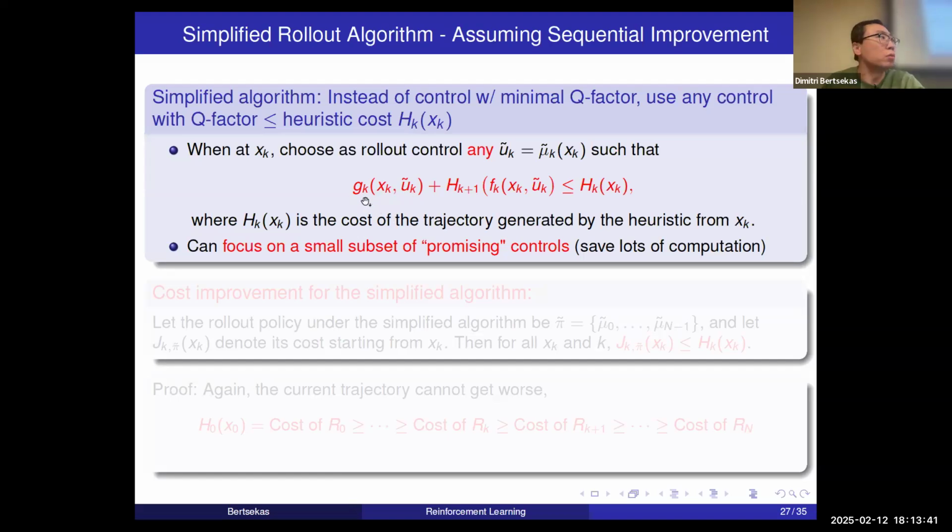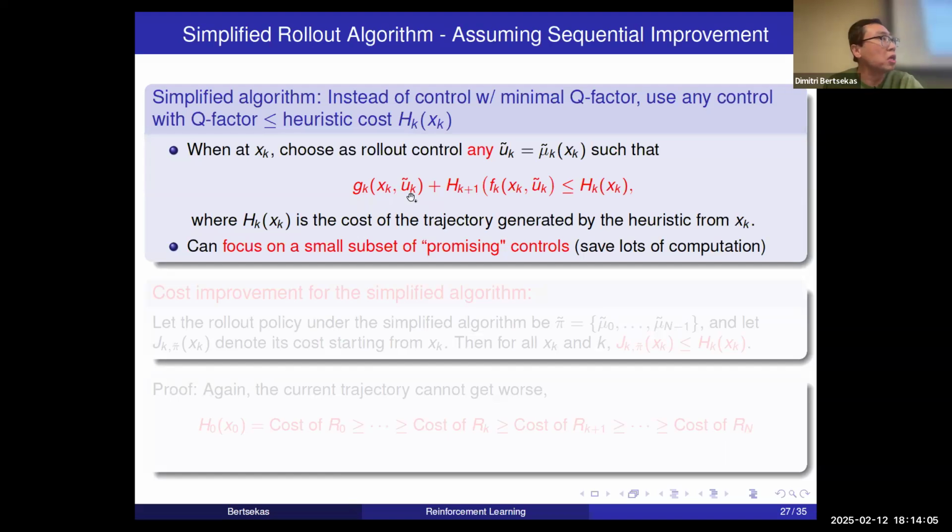Now, remember that in the linear quadratic problem we discussed earlier, this minimization with respect to the Q factor can be done exactly according to an analytical formula, right? But in the case where the control is discrete, how are you going to solve this rollout minimization?